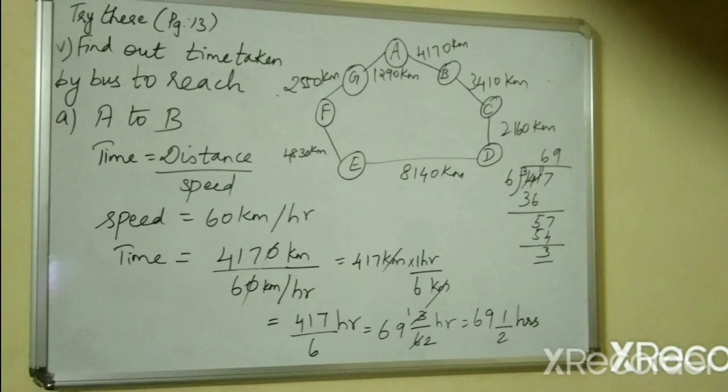Now dividing 417 by 6, we get 69 as our quotient and remainder is 3. So 69 and 3 divided by 6. And 3 and 6 we can make into simplest form. Simplest form means we can divide it by 3. So 3 will become 1 and 6 will become 2. So it is 69 1 by 2 hours.